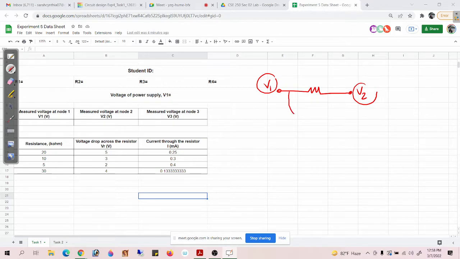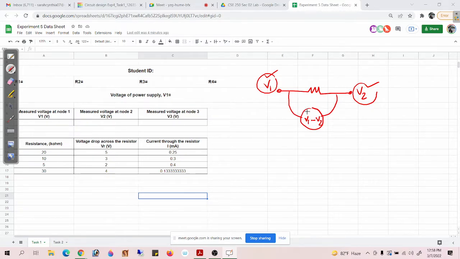Okay, so if terminal 1 of resistance is connected to a voltage V1, and terminal 2 is connected to V2, then the voltage across the resistance will be simply V1 minus V2. Okay, so this will be basically the potential difference of the two nodes.